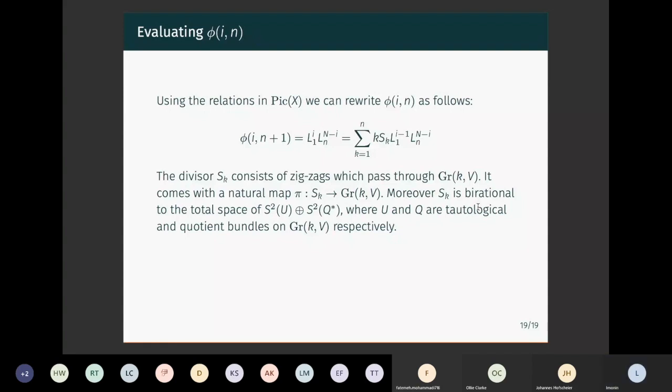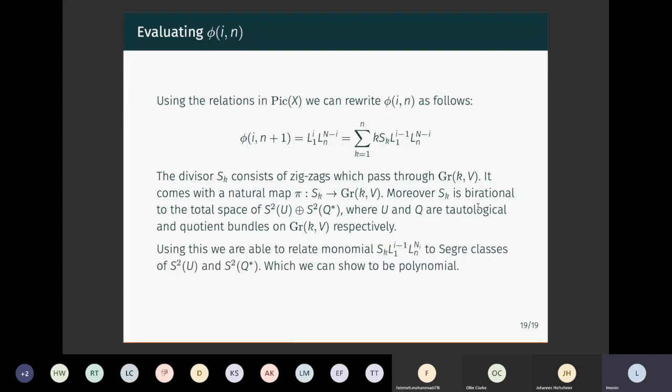Now, if I want to evaluate this monomial, Sk times L1 to some power times Ln to some power, since I have this Sk, this is the same as pulling back L1 through Ln to this divisor Sk. So on Sk, I need to perform this computation.